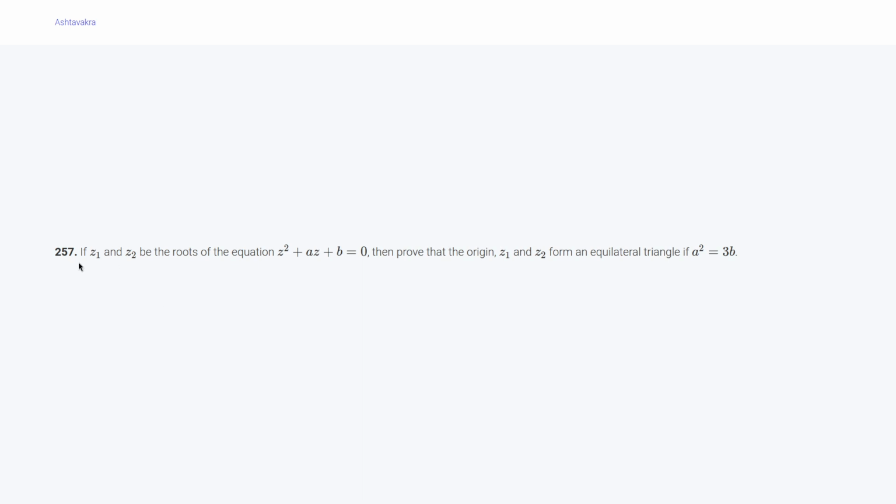Question 257 says that if Z1 and Z2 are the roots of the equation Z square plus AZ plus B is equal to 0, then prove that the origin, Z1 and Z2 form an equilateral triangle if A square is equal to 3B. From the previous problem, we have Z1 square plus Z2 square minus Z1 Z2, so we can write this as (Z1 plus Z2) whole square is equal to 3 Z1 Z2. From the quadratic equation, we know that the sum of roots is minus B by A, where B is the coefficient of Z and A is the coefficient of Z square.